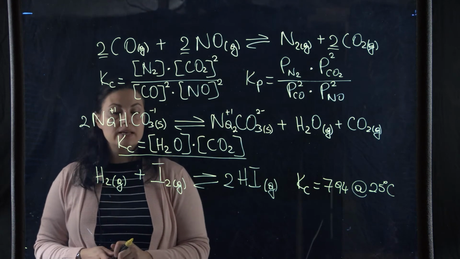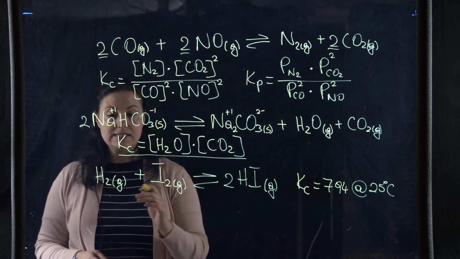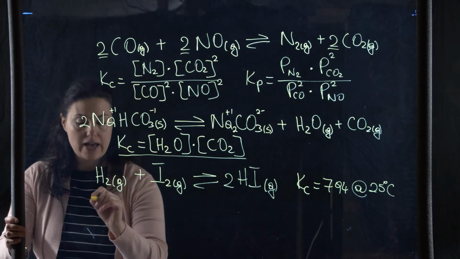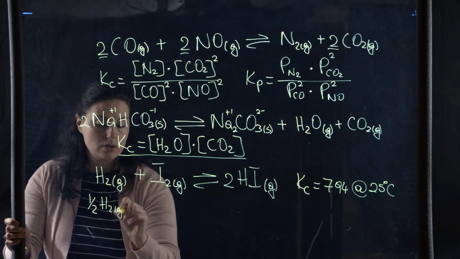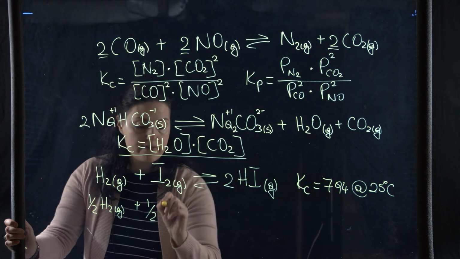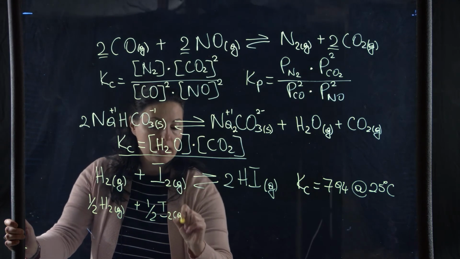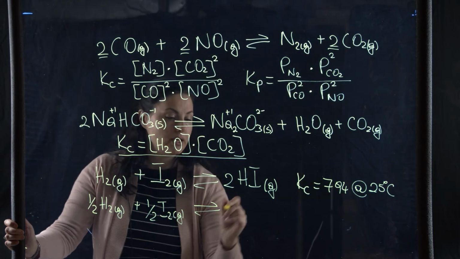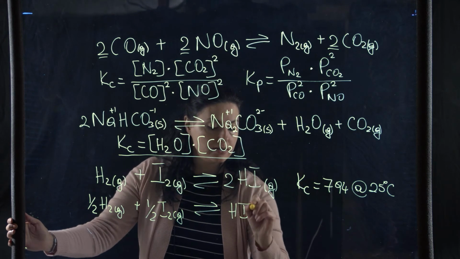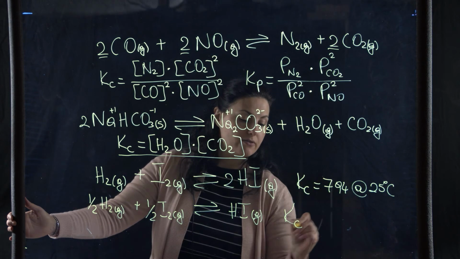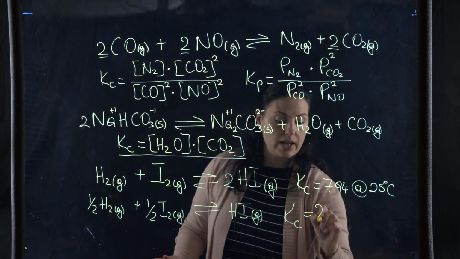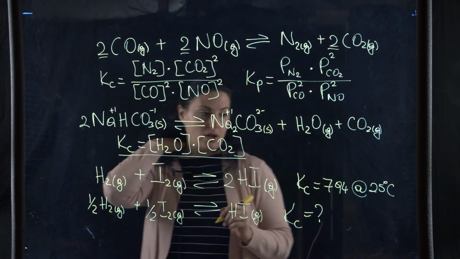Now, what is the value of Kc if I have this reaction? So if I divide everything by 2, plus 1/2 I2 gas gives me HI gas. What is the new K prime C, if you will? That is what I would like to know.